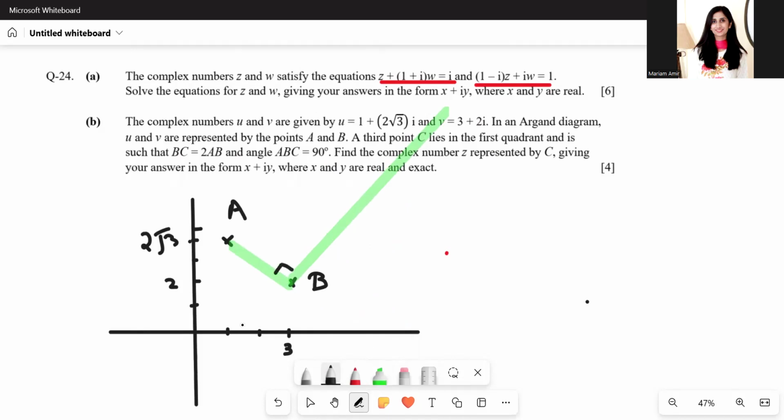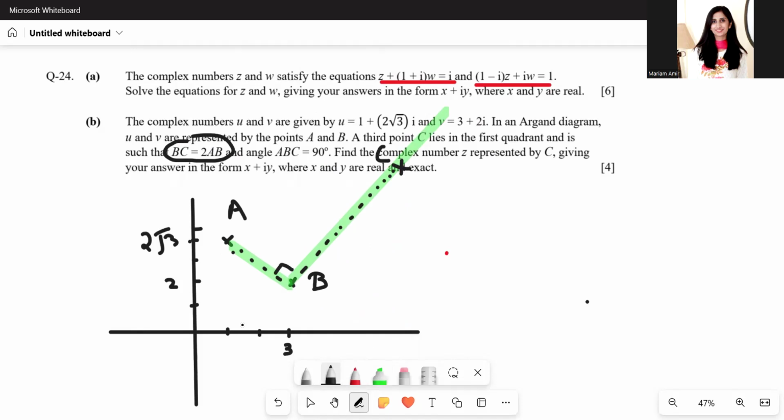Okay, that is established. Now they're saying that the distance BC is double the distance AB. So this is the distance AB. We will be doubling it. So this is 1 and this is 2. So C would roughly be somewhere over here. Find the complex number z represented by C, giving your answer as x plus iy.